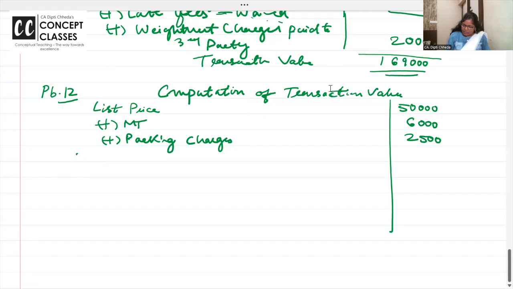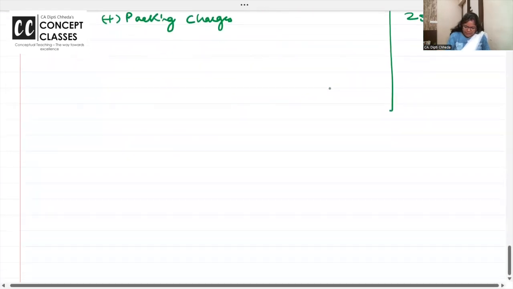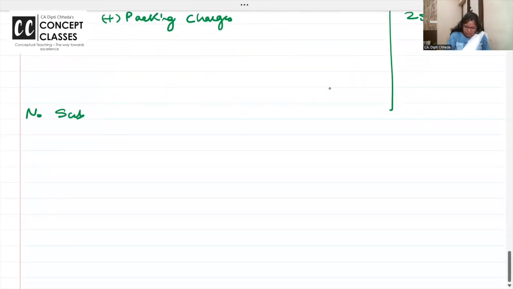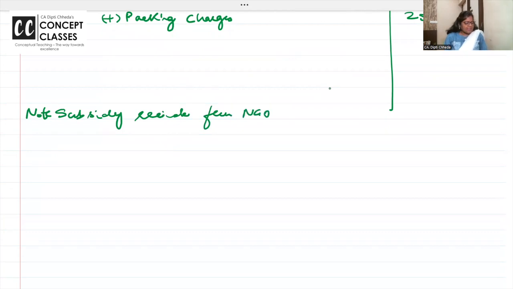You can write a note. Instead of writing here, you can write a note below. Note: Subsidy is received from NGO, already included in list price.